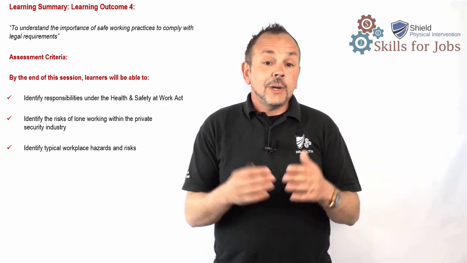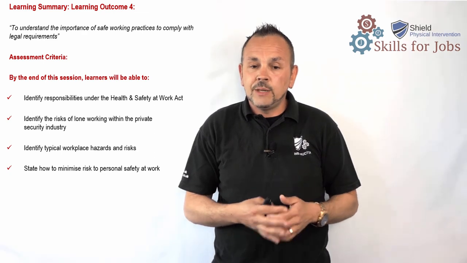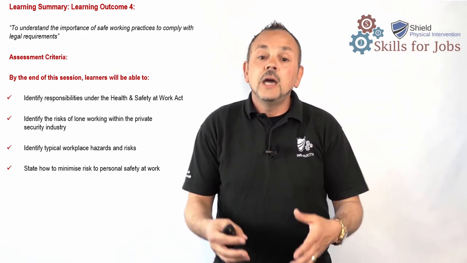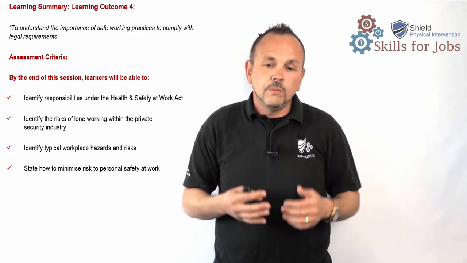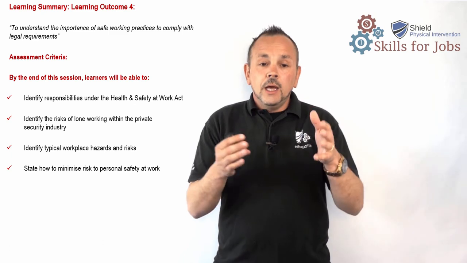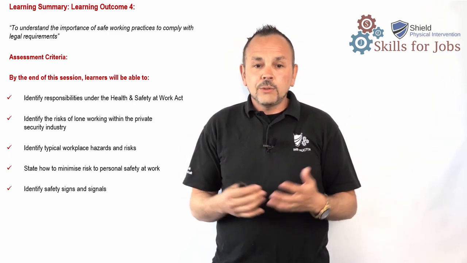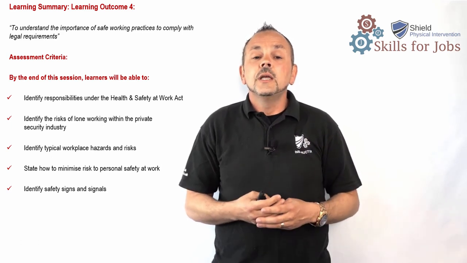Next criteria is show how to minimize risk to personal safety at work. We discussed manual handling, didn't we, in relation to moving stuff. It is to think before you do it, and then follow those basic 6 principles when you're doing manual handling. The next criteria was identifying the safety signs and signals, and that was looking at the different shapes and colours of the signs.